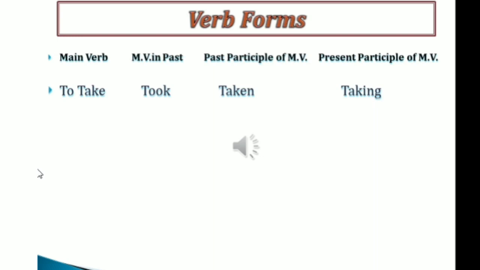Now why have I called it type 1 irregular verbs? Because here past and past participle are totally spelled differently, pronounced differently, and have their meanings different. To take, took, taken, taking.